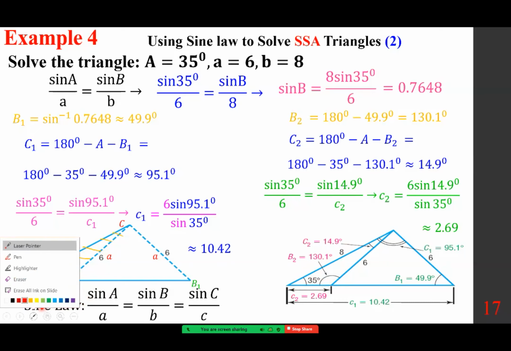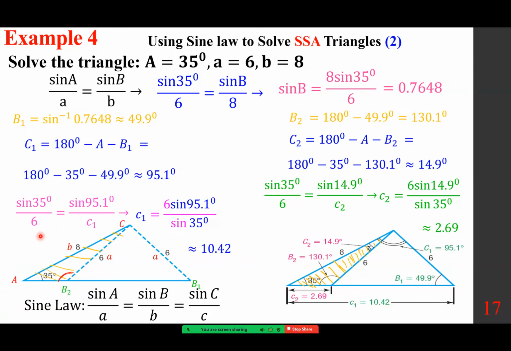Let me again do this. This is one of them. And the big one. This is C sub 2. This is B sub 2. This is B sub 1. So everything is given here if you look at this triangle.